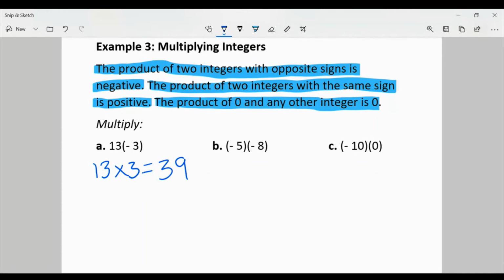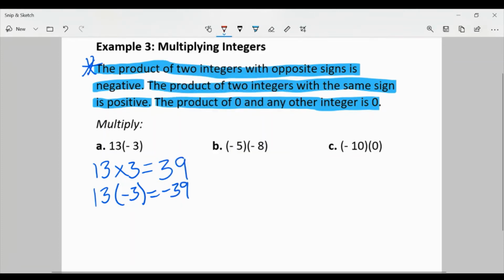Now, that first rule says the product of two integers with opposite signs, and this would follow that, right? We have a positive 13 and a negative 3. The answer is going to be negative. So that means 13 times negative 3 is negative 39. Okay?